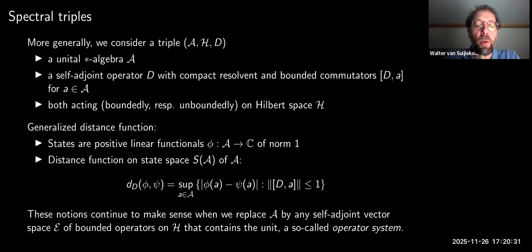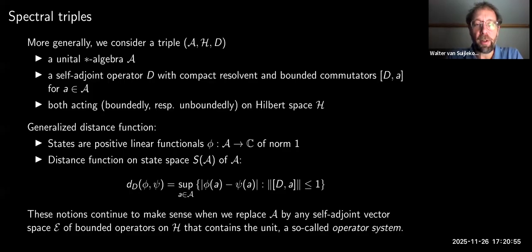And I would like to note already that if you ask what is the more general context in which you can do this, you find that states are positive linear functionals. It doesn't really need a multiplication in the algebra A. It's just a positive map, which has a certain norm property, namely norm equal to 1.